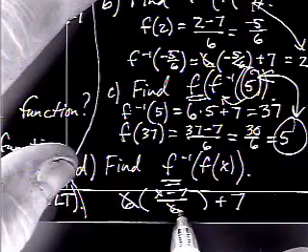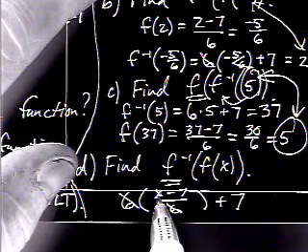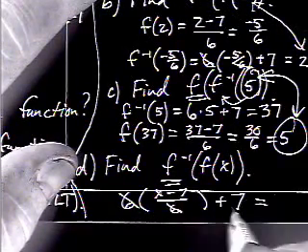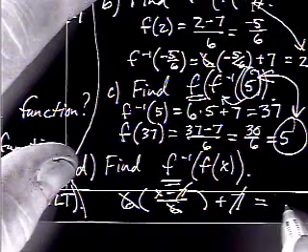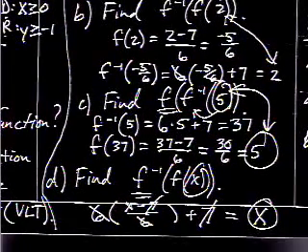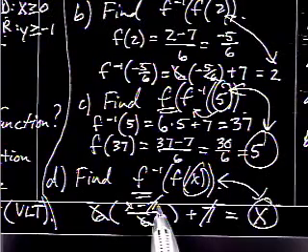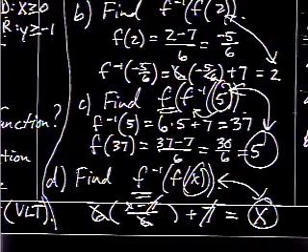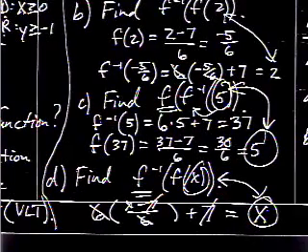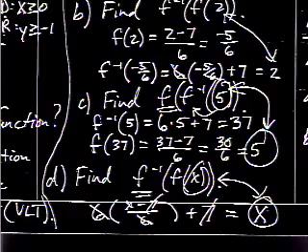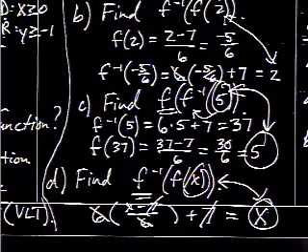Oh, look, the 6's cancel. That leaves me with x minus 7 plus 7. The 7's are going to cancel. So that shows me that I started with x and I ended up with x, right? Because the 7's canceled out. And that's all of our notes for section 7.7. There's a lot of examples I'll probably need to do in class with you.